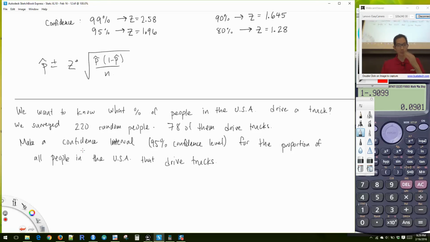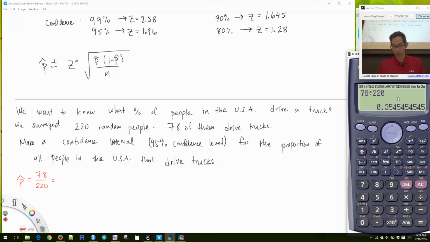Okay, so our population is all the people in the USA, and the parameter that we're interested in is what percentage of them drive trucks. We surveyed 220 random people, I guess random people from the USA. 78 of them drive trucks, so we're going to say p hat is 78 divided by 220.